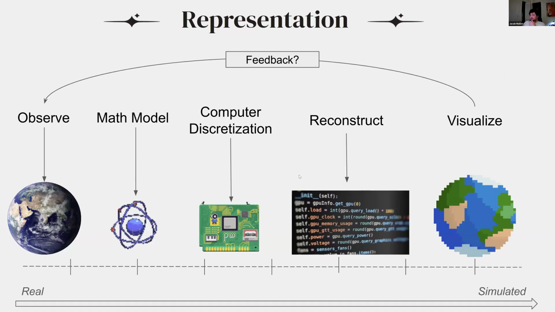This is quite interesting philosophically. We're starting with the world as we observe it, making a mathematical model of it, then with a computer we're doing a discretization, in the sense that it's literally binary, ones and zeros. We're turning the world into discrete objects.